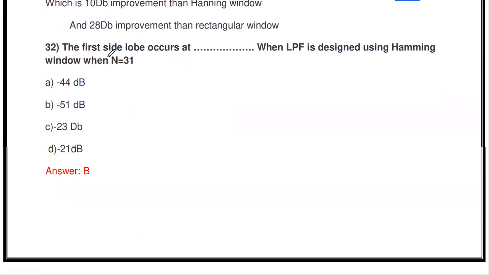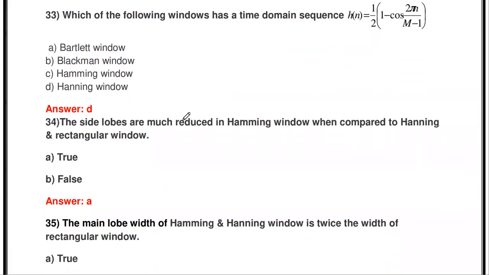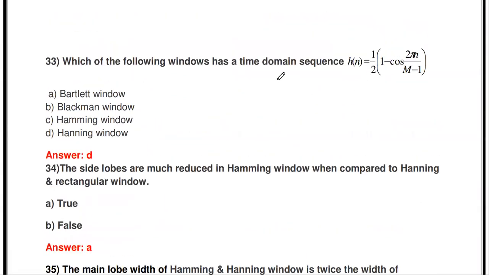The next thing: the first side lobe occurs at a dash when a low pass filter is designed using the Hamming window. Minus 51 dB. So if you are designing a low pass filter using the Hamming window, the first side lobe occurs at a level of minus 51 dB if the n value is 31. Then the next question: which of the following windows has a time domain sequence h of n equal to 1 by 2 times 1 minus cos 2 pi n by n minus 1?